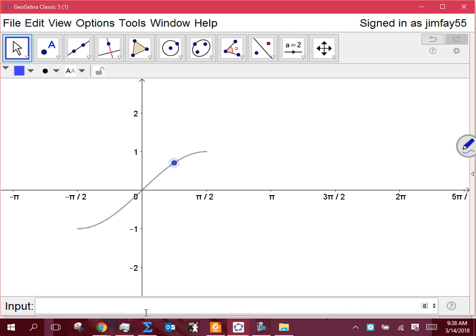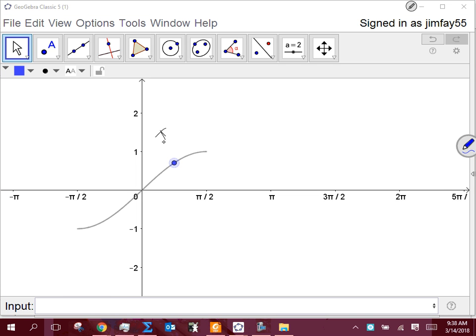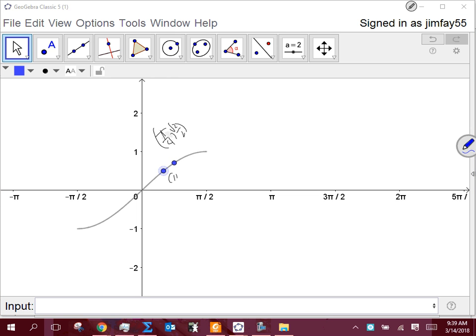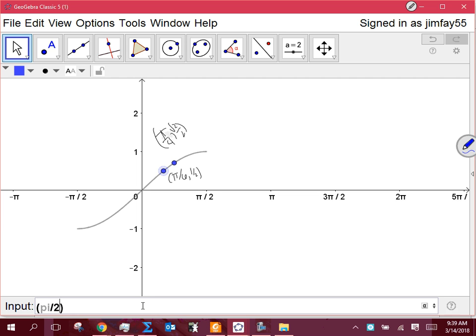I'm just going to label it as pi over 4, root 2 over 2. And we have a lot of these. We have pi over 6, comma 1/2 is on there. We have pi over 2, comma 1. We have pi over 3, comma square root of 3 over 2, right? We got 0, 0. Those are all points off of the sine function, right?